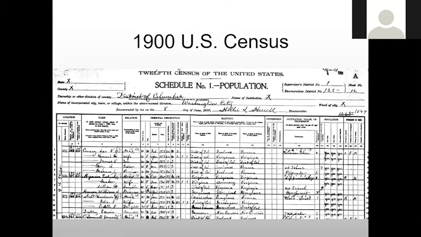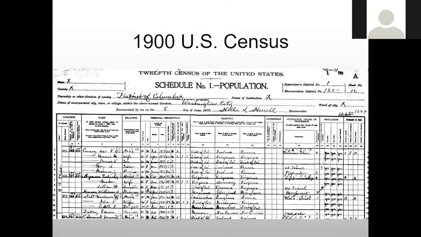Starting in 1850, they recorded every person that was in the household. They didn't always give the relationship of that person, and in some cases, those relationships are not recorded correctly. But make sure to look at every single column for the data that is going to be hidden there.